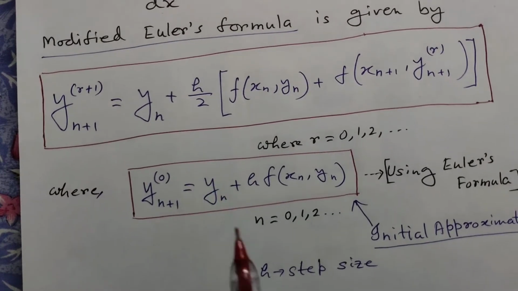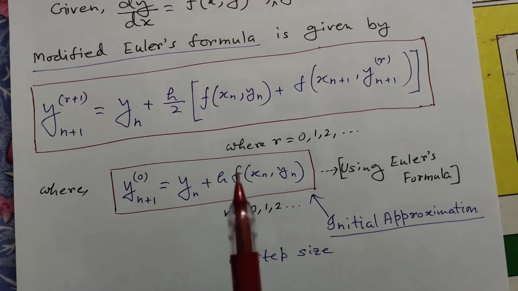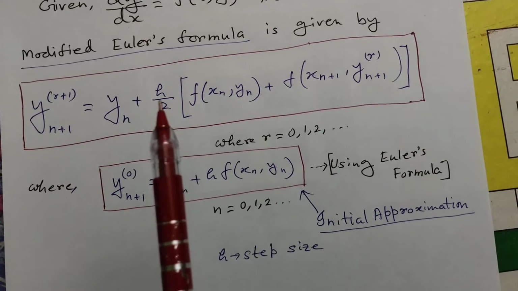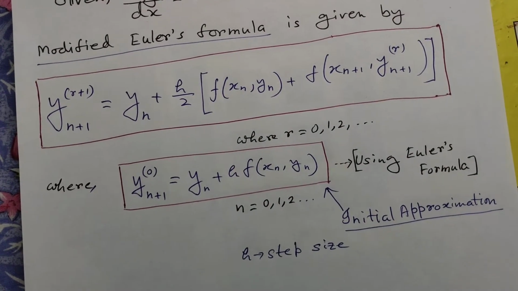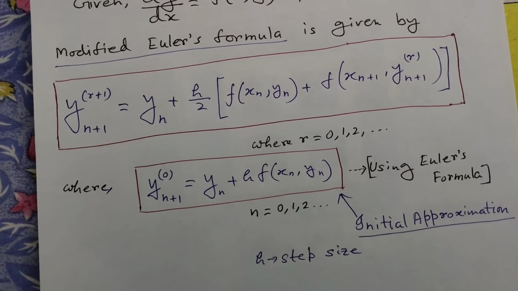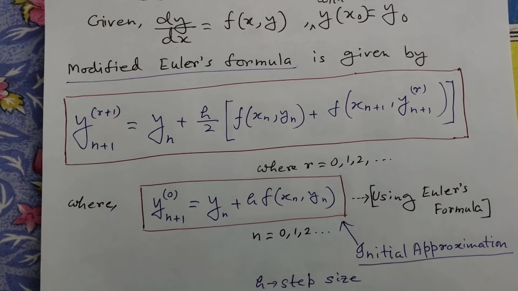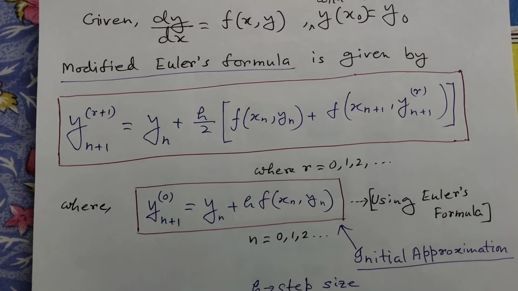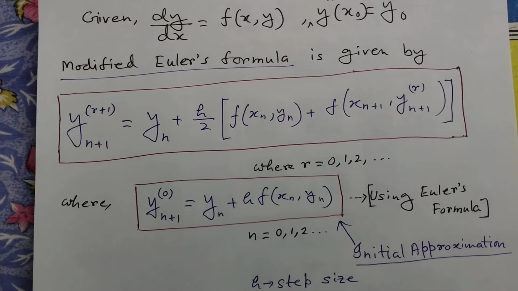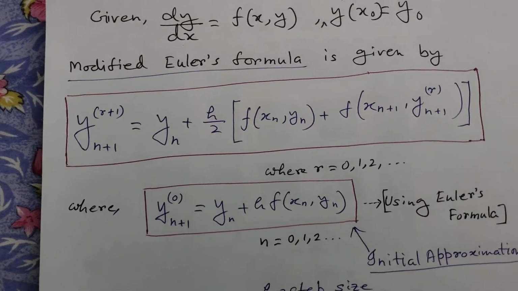This equation is also called the initial approximation, and h is the step size, that is the difference between two instances of x, like x0 and x1, or x1 and x2. So it is better to say it is the difference between two consecutive instances of x.